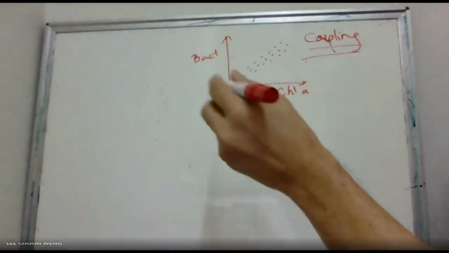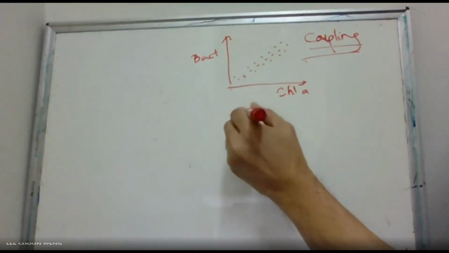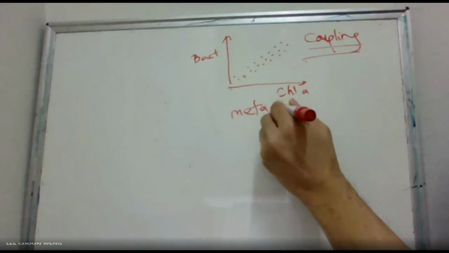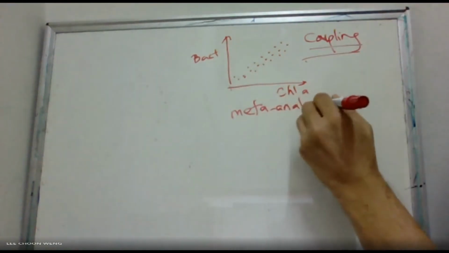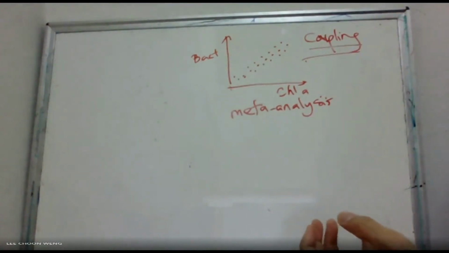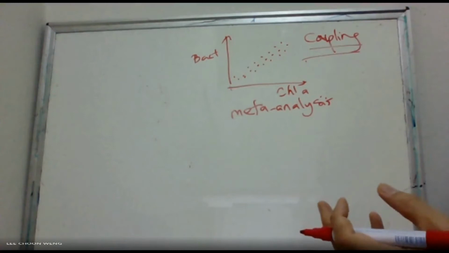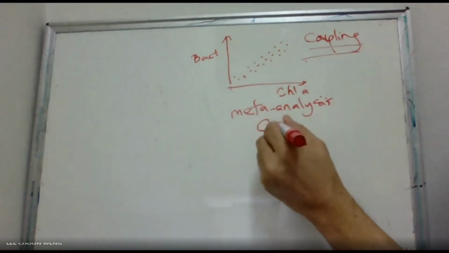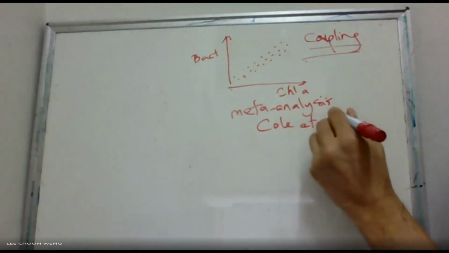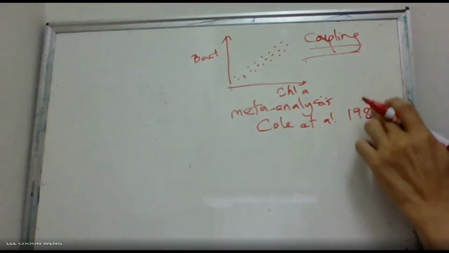So the landmark study that was carried out, they call this kind of analysis meta-analysis, which means you gather the data from different publications. So the first one was Cole et al. in 1988, if I'm not mistaken. I'm not sure about the year.